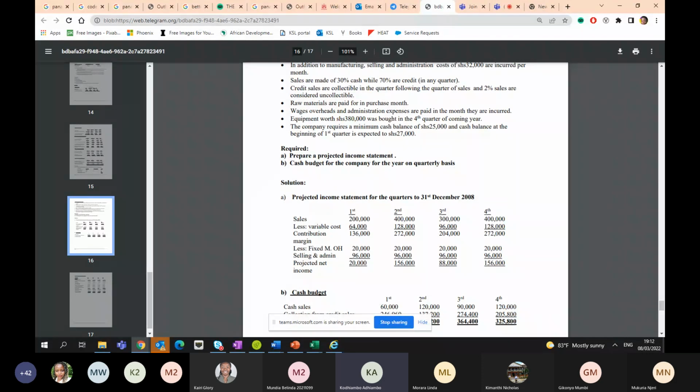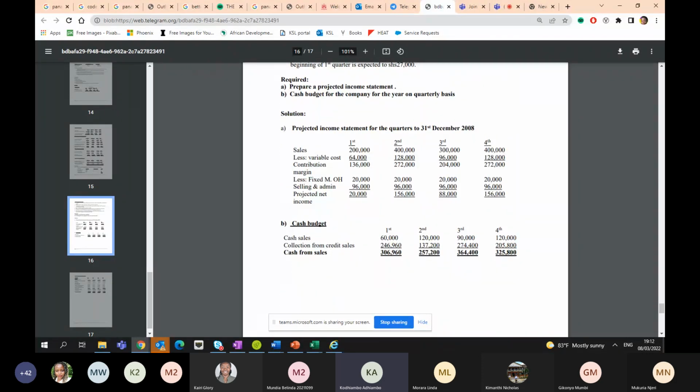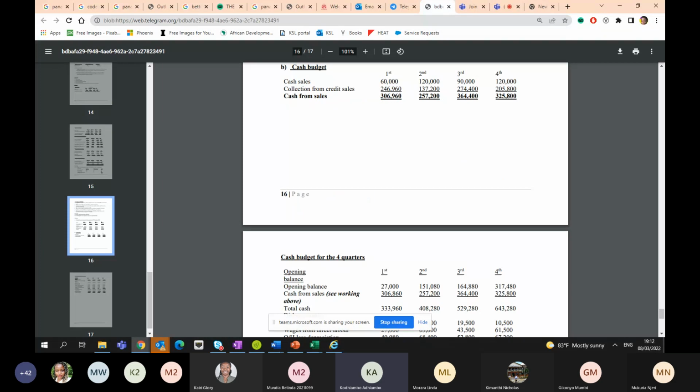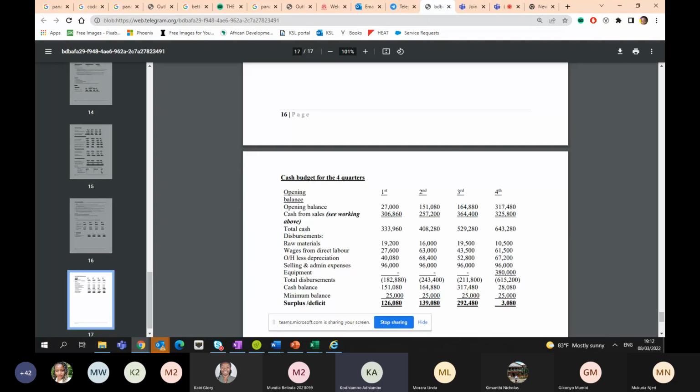So these credit sales will go into the next quarter. For each quarter, you have to put what's there in that quarter, what's the cash sale, and what is to be collected from credit sale. Once you have that, then you can put it in the correct quarter.